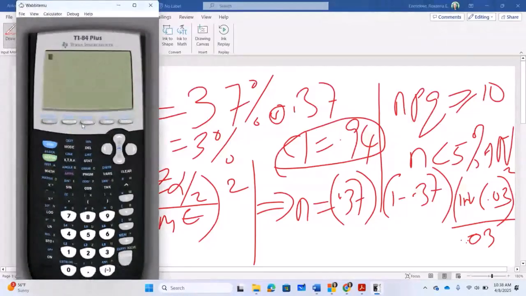So second distribution, number 3, area to the left is 0.03, and then other things are good. And when I hit enter, I have the value, and then I know that this has to be squared.